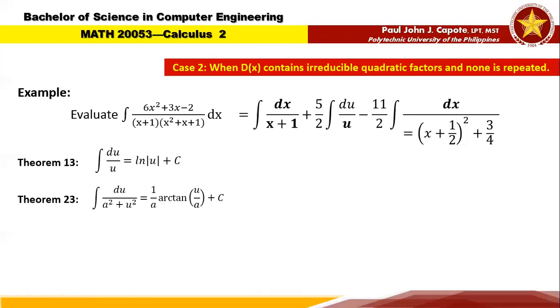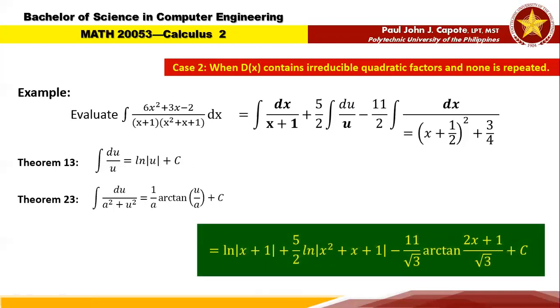Now applying this, by the way, for the second integral, we can also use theorem 13. Actually, theorem 13 is applicable to the first integral and the second integral. Now applying this standard formula, we have the answer.